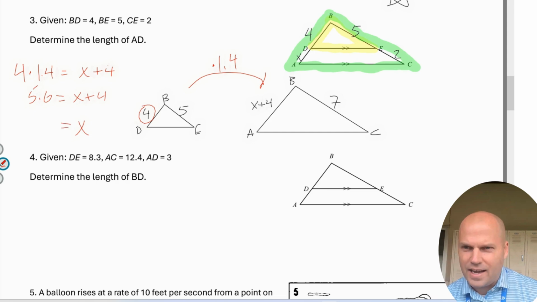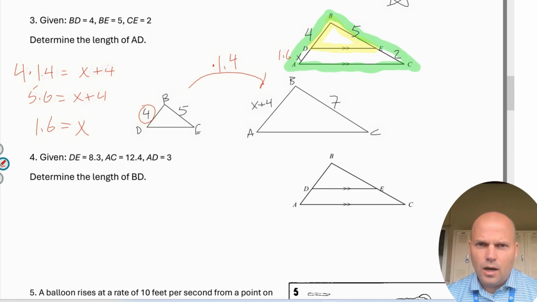Subtract 4, we get X equals 1.6. So that means this would be 5.6, and that works out well.